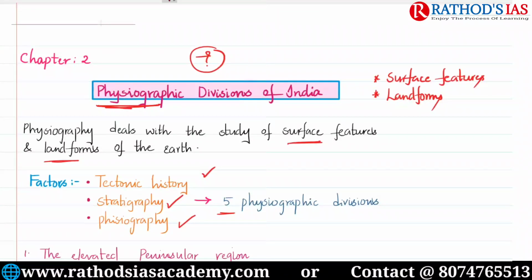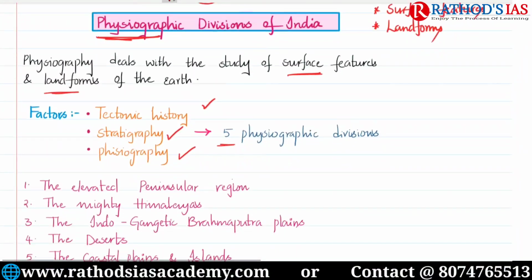So based on these 3 important things, we have 5 physiographic divisions in our country.